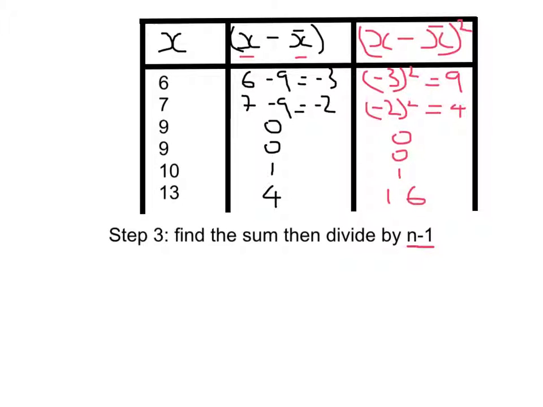What we're going to do is our sum of x minus mean squared all divided by n minus 1.